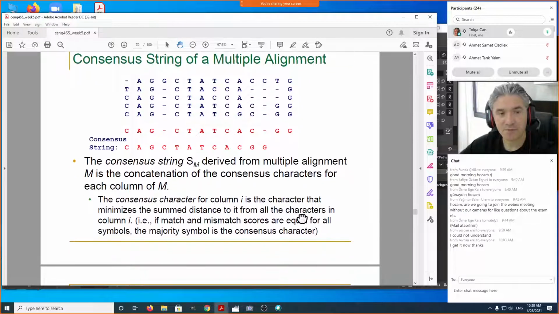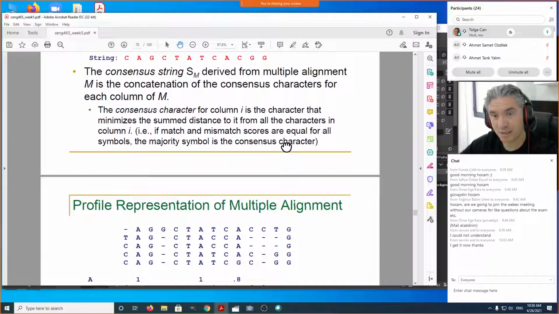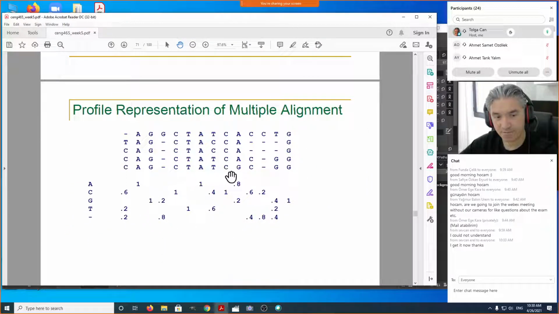We usually do not use this consensus string approach when we are going to use that greedy alignment. Instead, we can maintain all the information. The consensus approach loses certain information when it just chooses the majority nucleotide at every column.